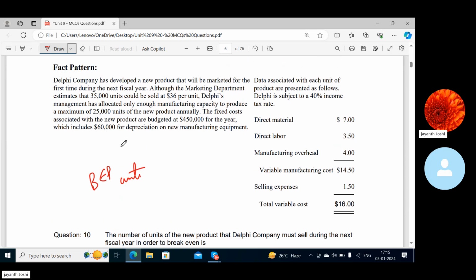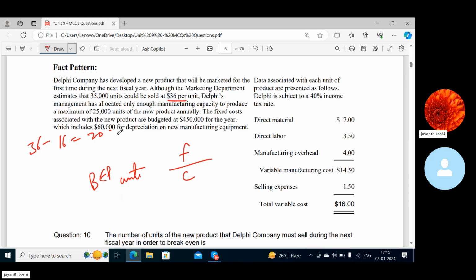Yes. So what is the formula? Fixed cost by contribution. Contribution, how will you find out? Sales minus variable cost. But if they have given you contribution, you can use it. Otherwise, it is sales 36 minus variable cost 16, that is 20. That's the contribution, right? Yes.